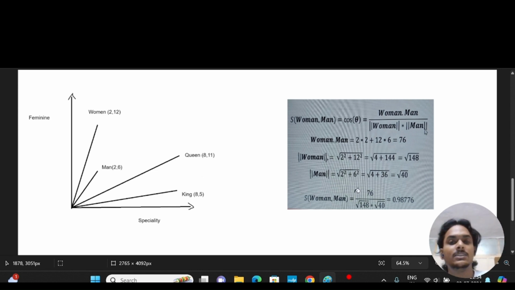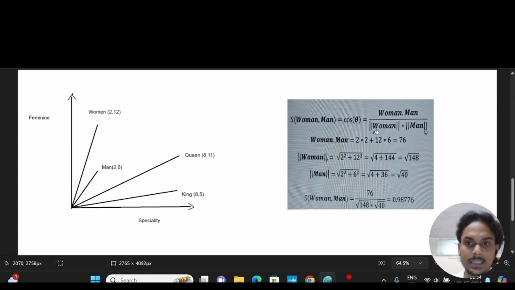So if we try to find the cosine similarity, or how similar two particular words are, for example, man and woman, we take the cos theta formula that I have already explained before. In the numerator it will be the dot product, and in the denominator we'll have the multiplication of the magnitudes. In the numerator we just do the multiplication of the coordinates, as you can see.